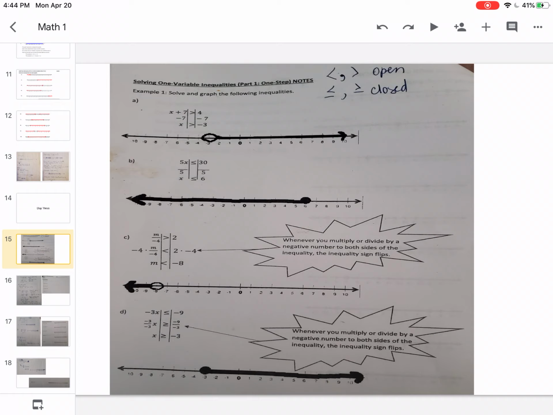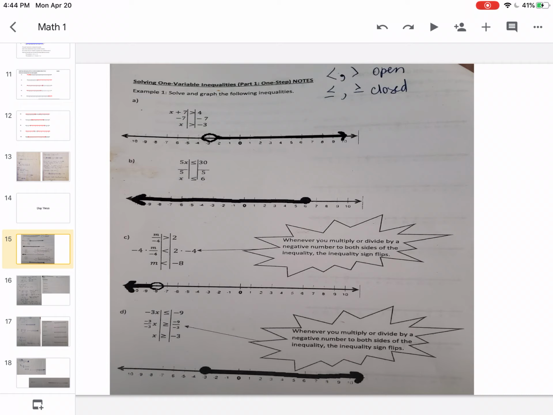Okay, we have m over negative 4 is greater than 2. In order to get rid of the negative 4 on the bottom, we're going to multiply it and put it on the top, and that crosses out. On the other side, you do the same thing.